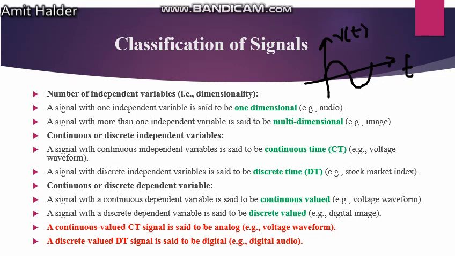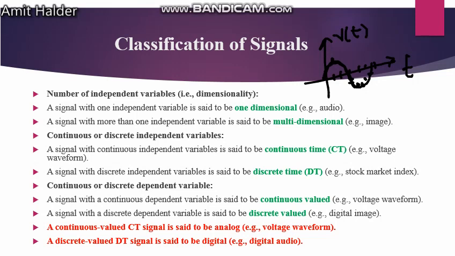If it is a voltage waveform or current waveform, anything, in each time instant you have a value. There is no break. There is a continuous value. It may be 0, it may be 2 volts, it may be 1.5 volts, it may be anything else, but it has a voltage or any kind of signal in each time. There is no breakage, there is no discontinuity, so it is known as continuous time.